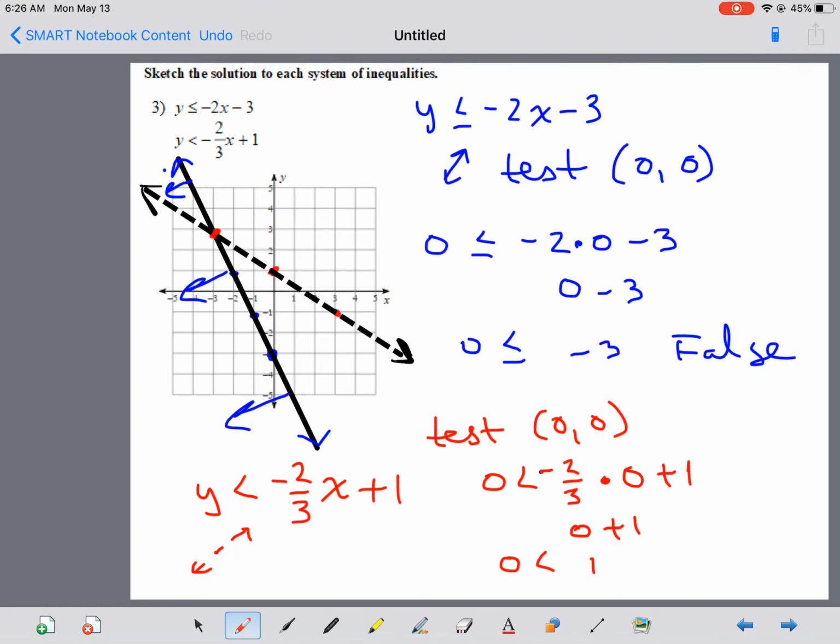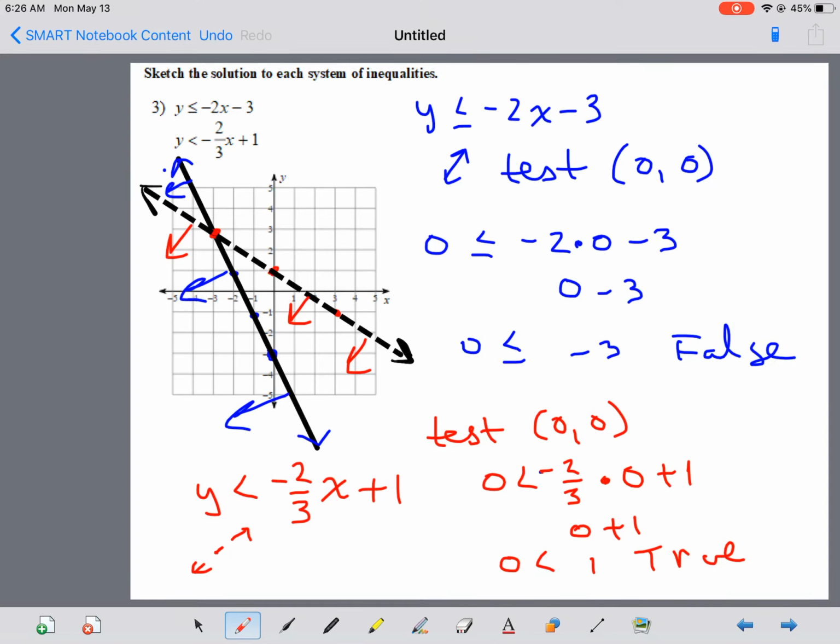So is 0 less than 1? Yep, that is true. So that means we do shade on the side that 0, 0 is on. So for the dotted line, we also shade to the left.